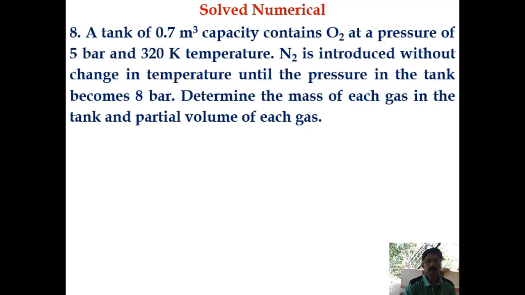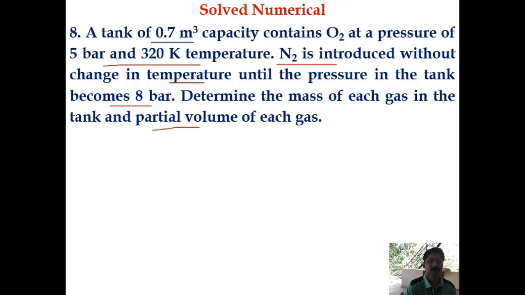Now to solve this problem: a tank of 0.7 meter cube capacity contains O2 at a pressure of 5 bar and 320 Kelvin temperature, and N2 is introduced without change in temperature until the pressure in the tank becomes 8 bar. Determine the mass of each gas in the tank and the partial volume of each gas.